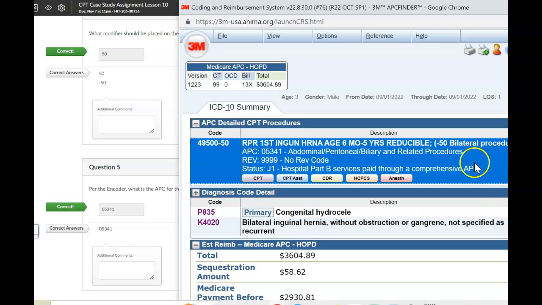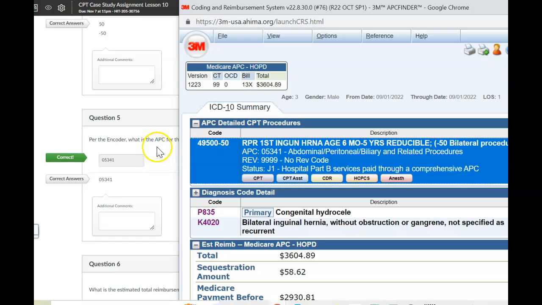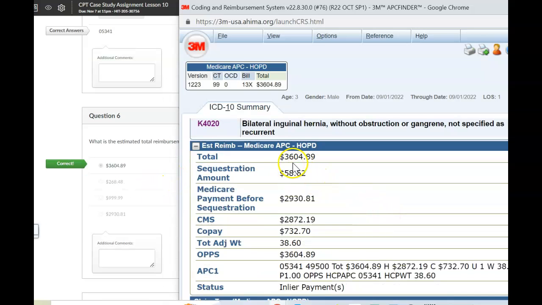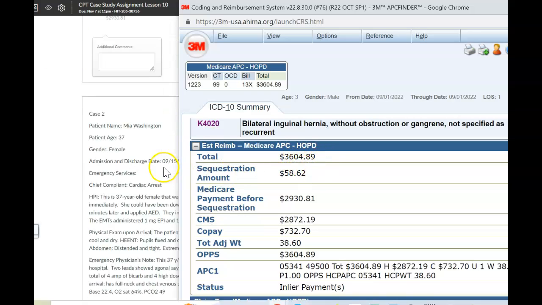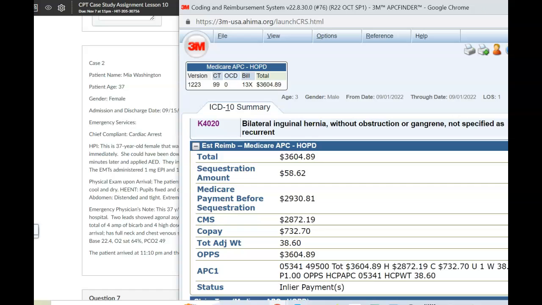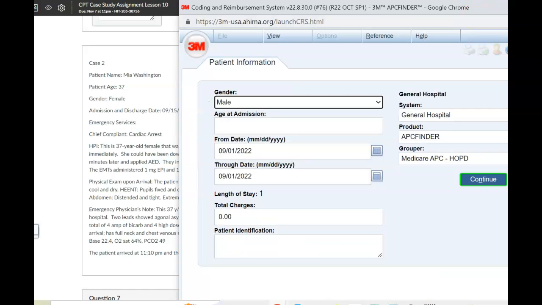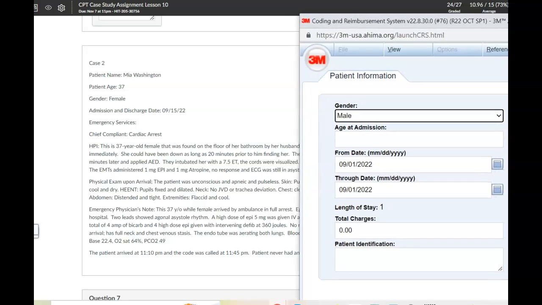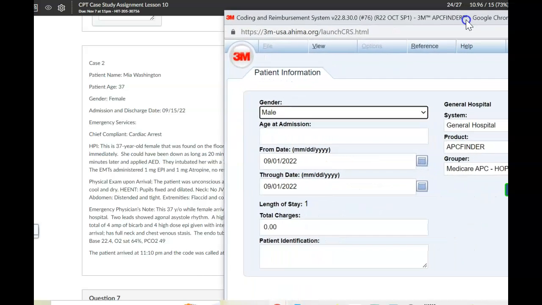Hit OK. All right. So then we go ahead and look at what is our APC, which is right here, 05341. And then our amount is $3,604.89.